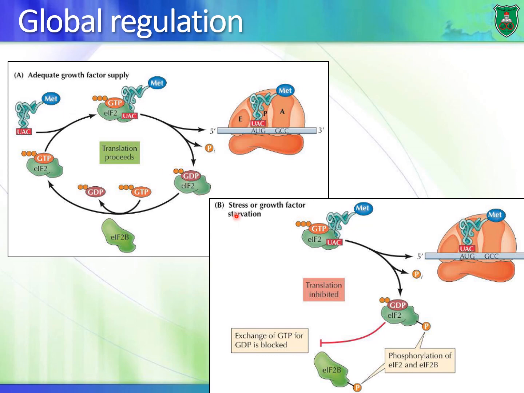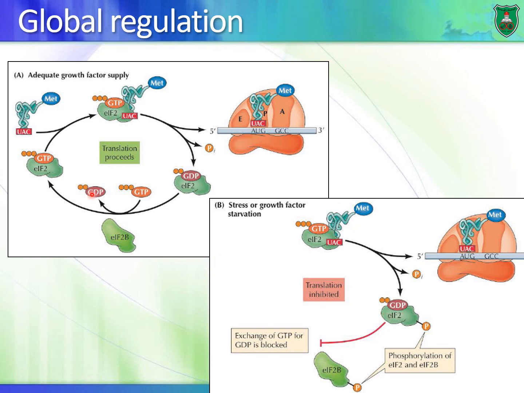Now what happens if there is starvation is that the initiation factor 2 is phosphorylated, okay? And when it is phosphorylated, this GDP cannot be exchanged for GTP.